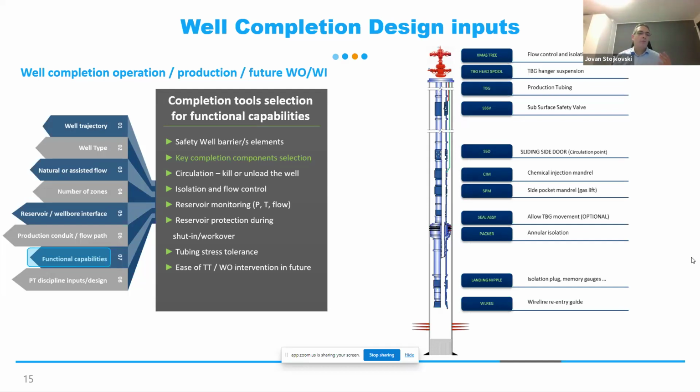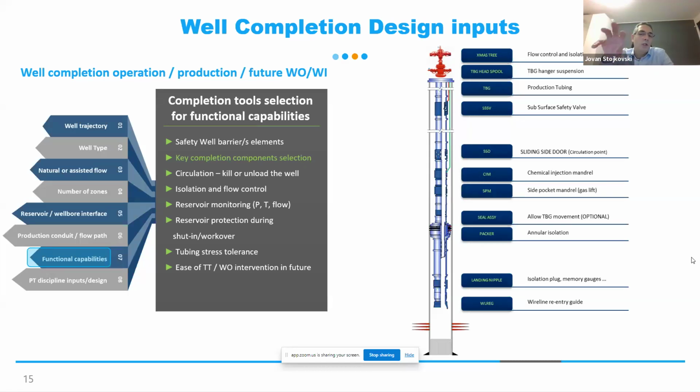So many of the functional capabilities, as I call them, come like this. For example, putting the sliding side door in order to communicate with the circulation path between the tubing and the A annulus.